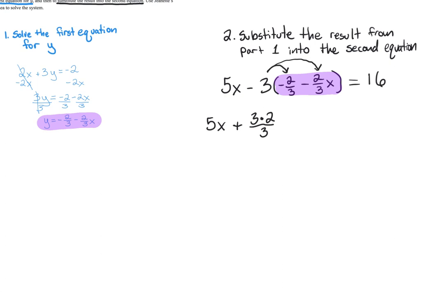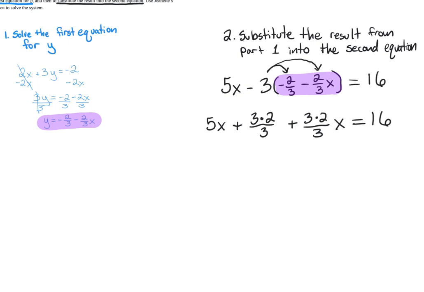We have, again, another negative times a negative over here. So this is also going to turn into a plus. And we get a 3 times 2 again. Still all over 3. But this one has an x. We haven't done anything to the 16, so that's still 16. So there we go.